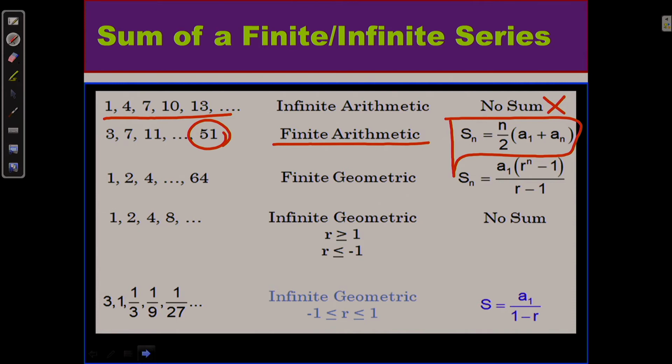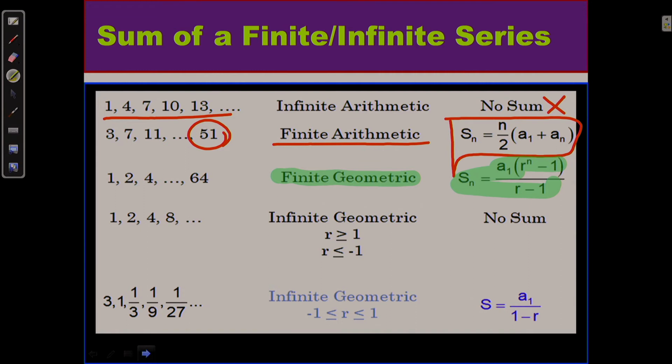This is a separate formula. But in case of a finite geometric progression, that part we have discussed right now. If the geometric progression is finite, then the formula is Sn equal to a1 times (r^n minus 1) by (r minus 1). This is the formula for Sn.